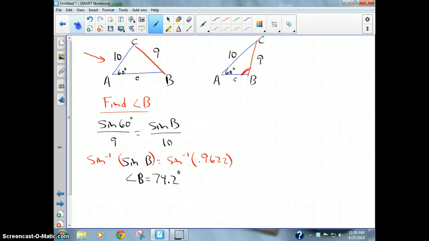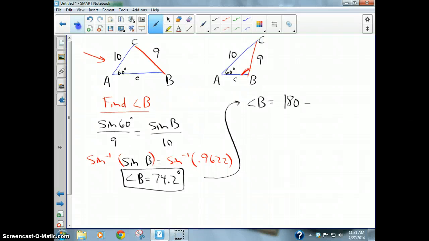All right, so I know angle B in the acute triangle. Now I'm going to go back over here because in order to find angle B, which is the obtuse one, the obtuse angle is going to be 180 minus this angle that you figured out right here, 74.2.